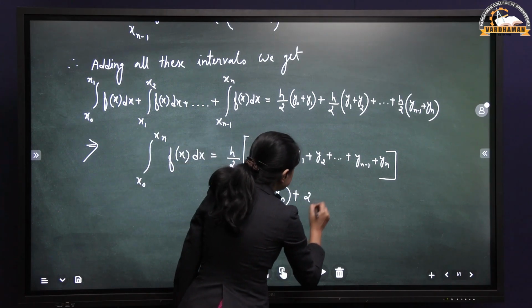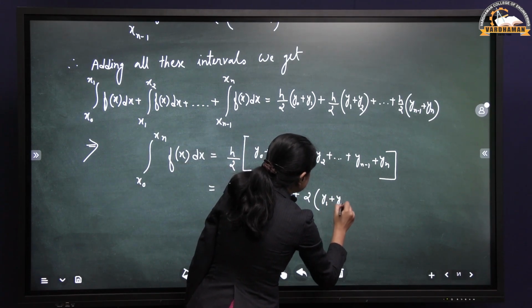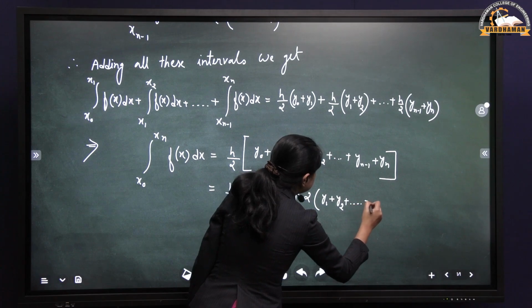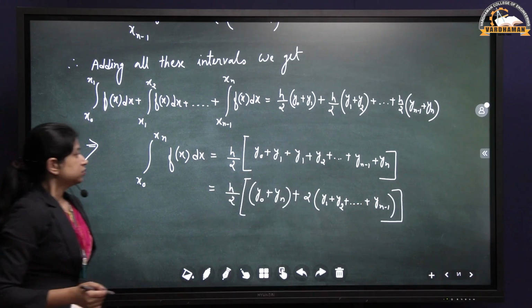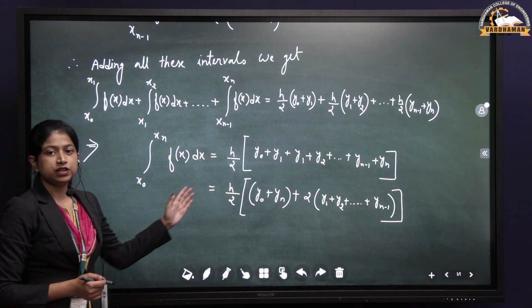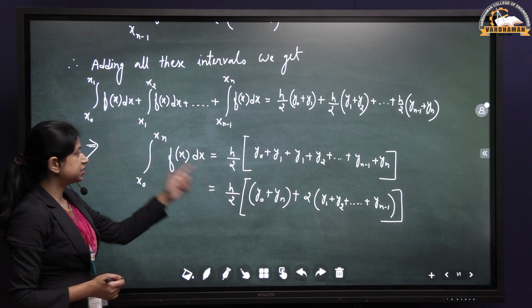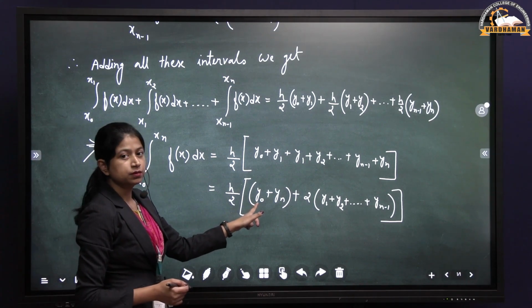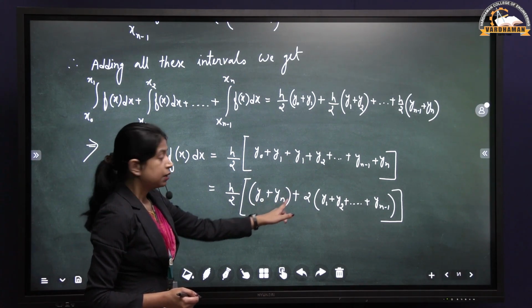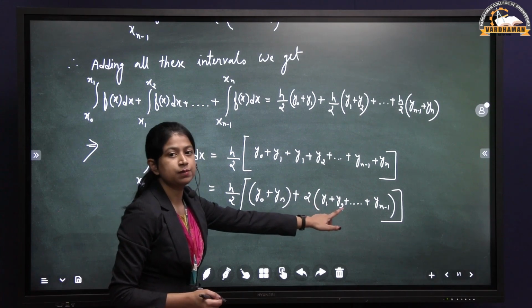So it will be 2 into (y1 plus y2 plus so on yn minus 1). So this is how we derive the trapezoidal rule. This is the trapezoidal rule: the sum of the first term plus last term plus 2 into the sum of the remaining terms.